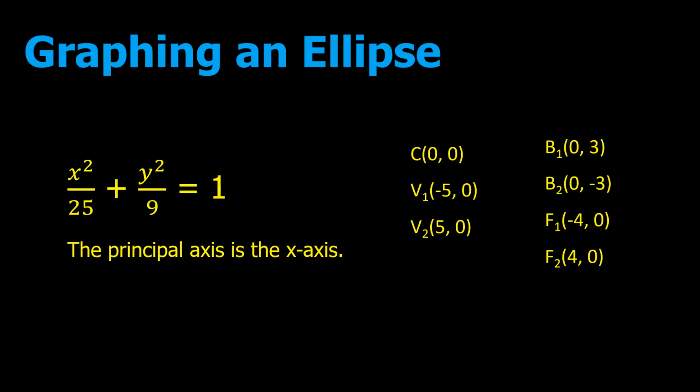And for the foci, since the value of c is equal to 4, then we will add and subtract to the abscissa of the center. So we have here f sub 1, or the focus 1, is negative 4, 0, and f sub 2 is 4, 0.